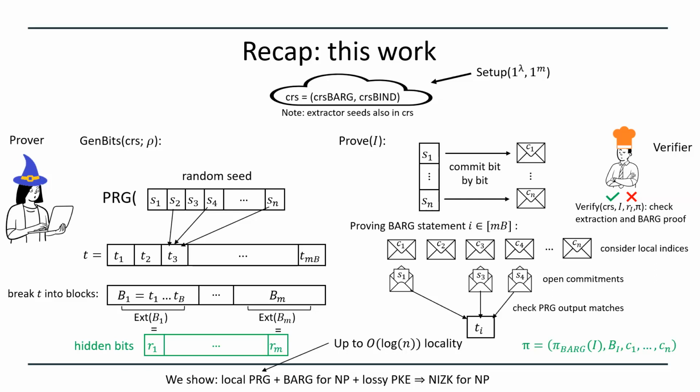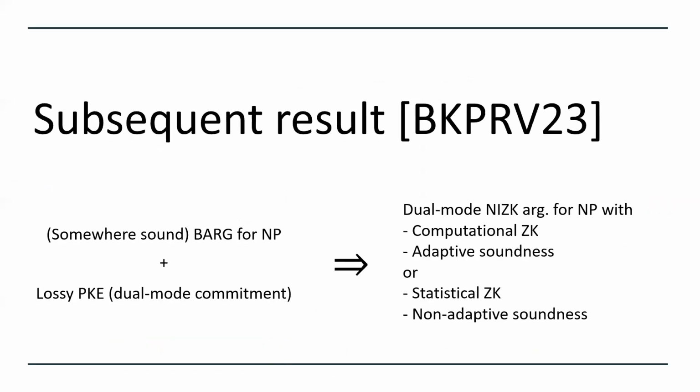And before we get to open questions, there has been a subsequent work in this direction very recently by Batansky, Kamath, Paneth, Rothblum, and Vasudevan, which basically shows that a BARG for NP plus a dual mode commitment implies a NIZC for NP with also a statistical zero knowledge mode.